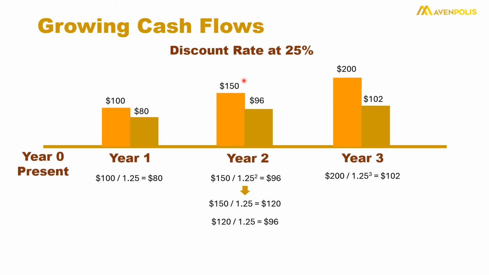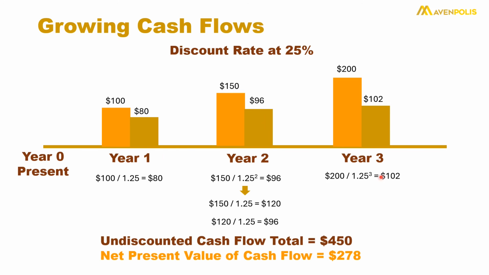So when the rate of growth slows down, the discount factor is quite big, and you could get a discounted cash flow value that is similar or even lower than the previous year. The undiscounted cash flow here is 100 plus 150 plus 200, which is 450. But the net present value of cash flows, which is adding up the $80, 96, and 102, is 278.